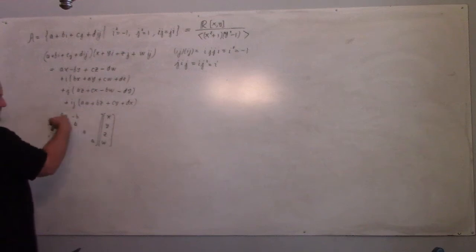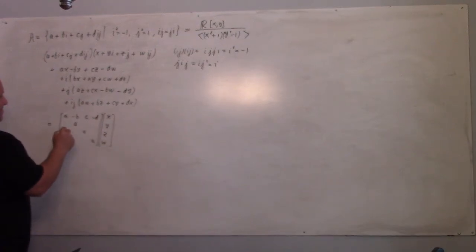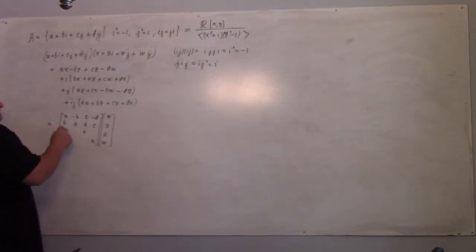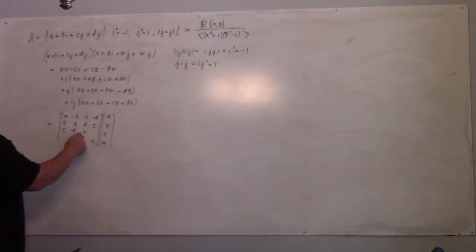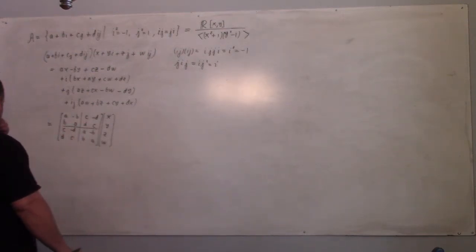This is the real component, which goes in the first row: A, minus B, plus C, W minus D, B, C, D. And then C, minus D, B, minus B, and then D, C, B. Okay, that looks good.